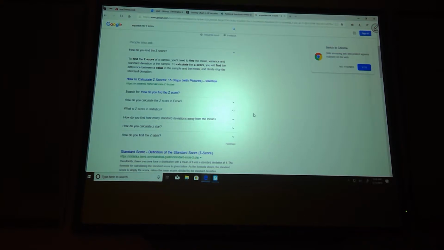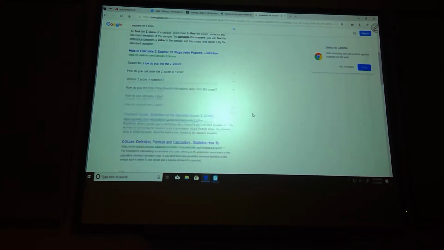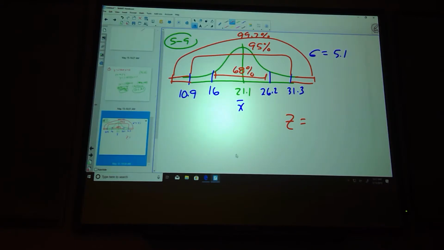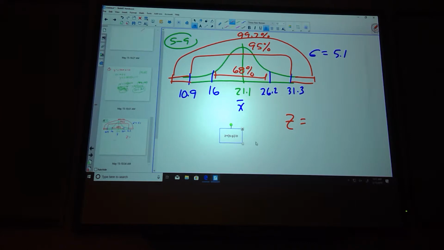That one. There we go. Z equals. I wonder if this is going to work. Copy. Paste. Hey, it worked. Cool. All right. Of course, you guys can't see that, so let me write it bigger.